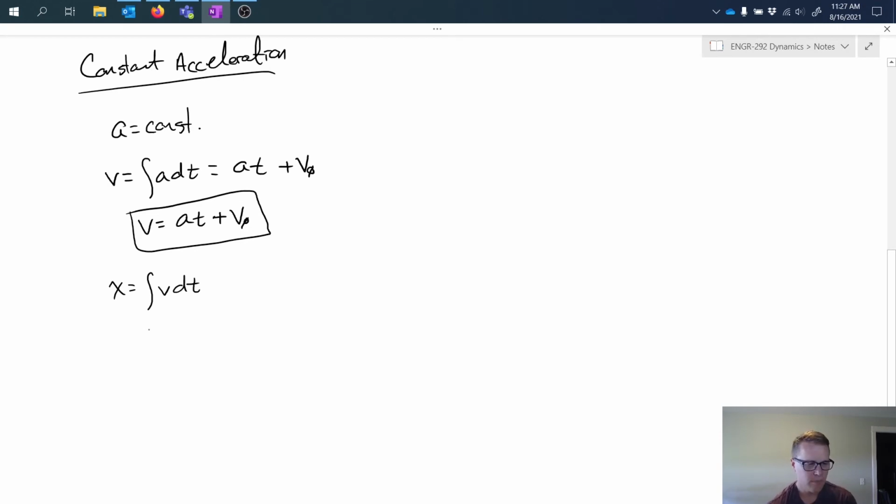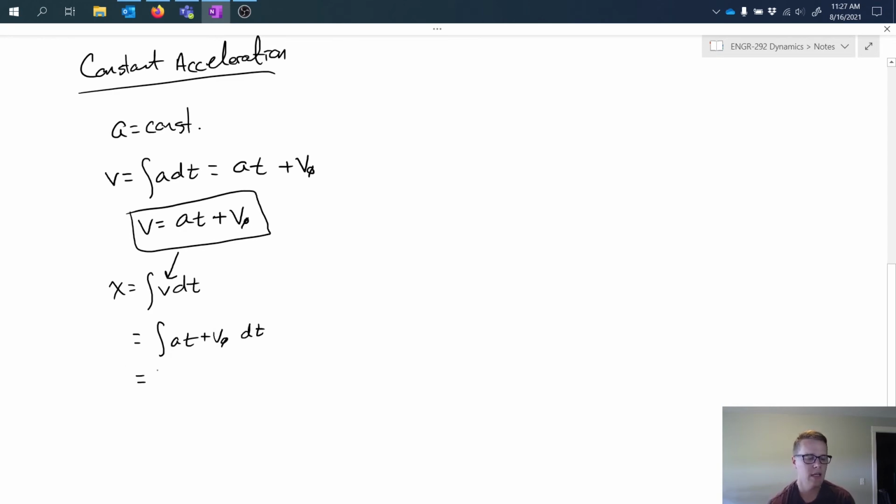So if I plug my equation in here for v, I can take that integral, and I know that I'm going to integrate at. Well, let's just write it out. At plus v naught. V naught is a constant, and all of this with respect to time.